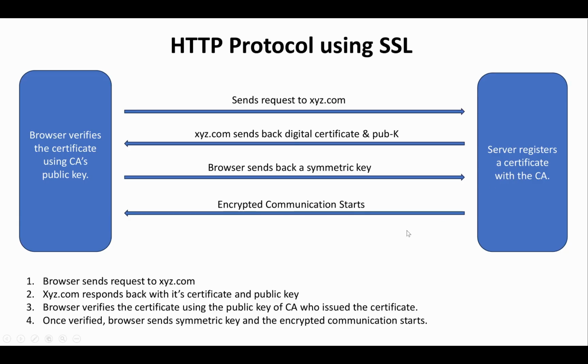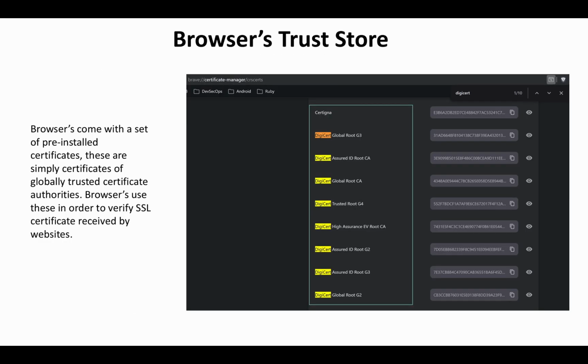Now you might question, how does a browser verify if this digital certificate has been signed by a trusted certificate authority or not? Well, it does that by using something called the trust store. Every browser that we install comes with a set of trusted certificate authorities, which contains the public keys of all these certificate authorities.